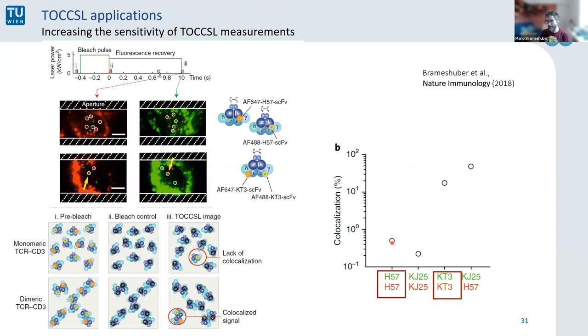So we cannot exclude that these are true dimers, but the question is whether they have real biological relevance if it's 0.4%, but we cannot exclude it. If we do the control with the epsilon subunit again, we detect around 25% of colocalization events, which is even higher if we do a lot of corrections, which I don't want to go into detail about here.